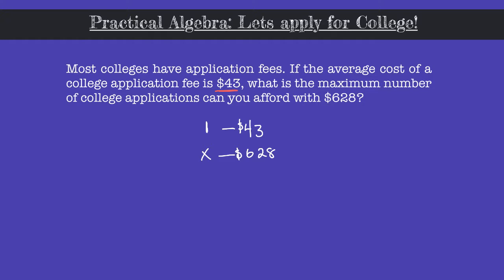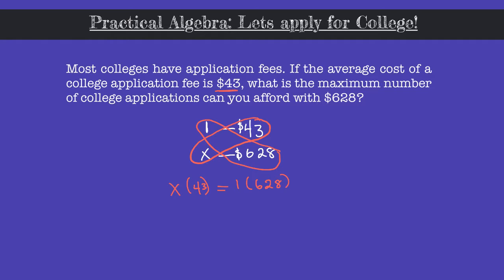In this case, you can cross multiply, which simply means you multiply the diagonals. In other words, the product of the diagonals should be equivalent. So x multiplied by 43 is equal to 1 multiplied by 628.